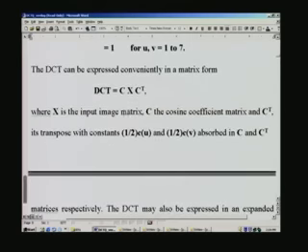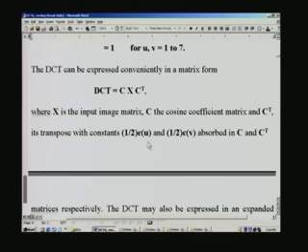So the DCT can be conveniently expressed as a matrix product, where X is the input image, a block of the image is what is being referred to here, therefore it has to be 8 by 8 in size. Similarly C, as we have seen, varies from 0 to 7, and naturally C and C transpose will also be 8 by 8 matrices.